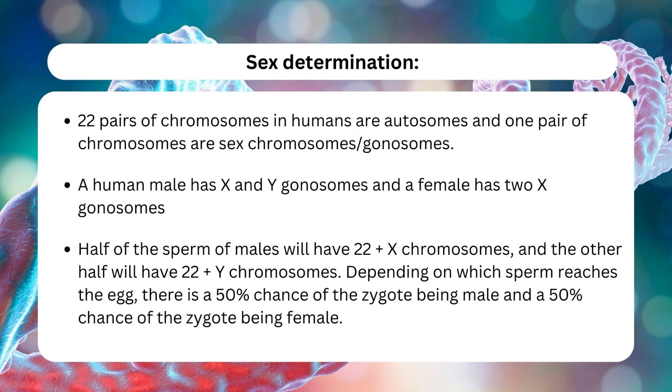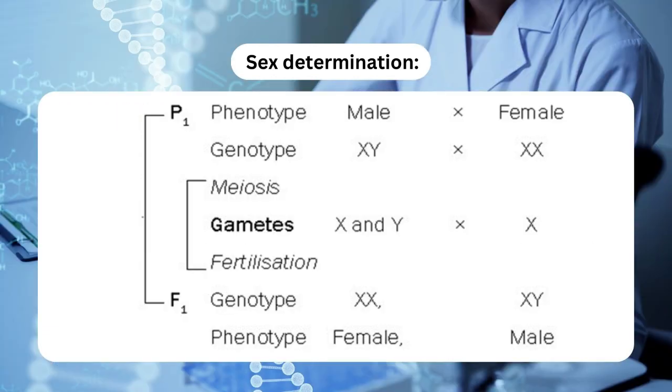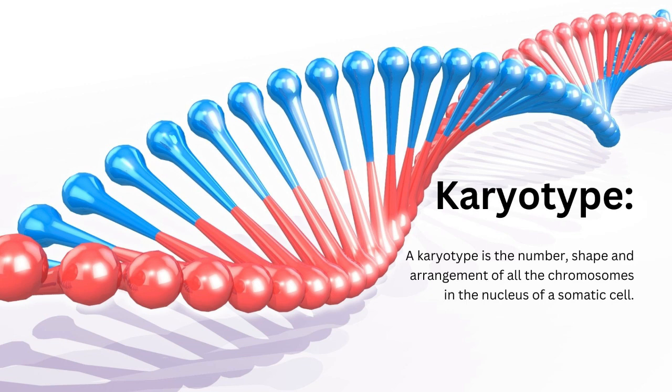Depending on which sperm reaches the egg, there is a 50% chance of the zygote being male and a 50% chance of the zygote being female. Karyotype. A karyotype is the number, shape and arrangement of all the chromosomes in the nucleus of a somatic cell.